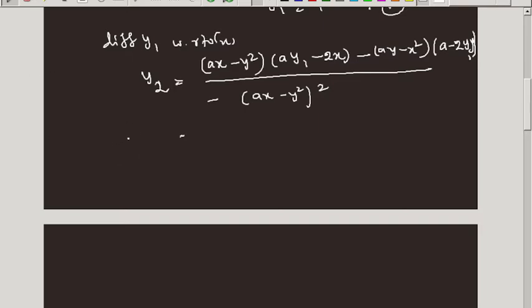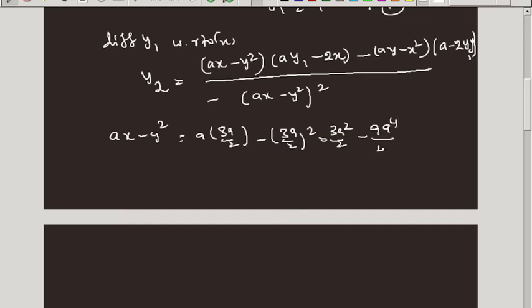I am finding the value of this separately. a x minus y square equals a into 3a by 2, and y is 3a by 2, whole square. If we expand this, we get 3a square by 2 minus 9a power 4 by 4.